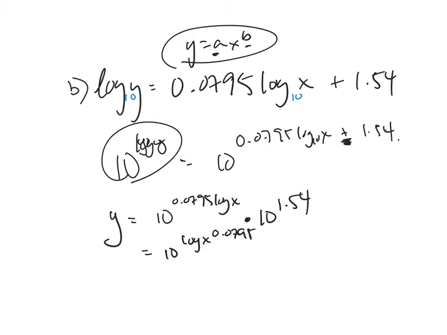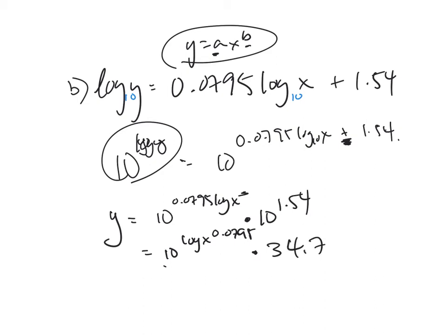If I keep on going here, I recognize that this is 10 log x to the 0.0795. This is the exponent onto x up top here because it can come up by the power rules, times 10 to the power of 1.54, if I throw out my calculator, that is 34.7.